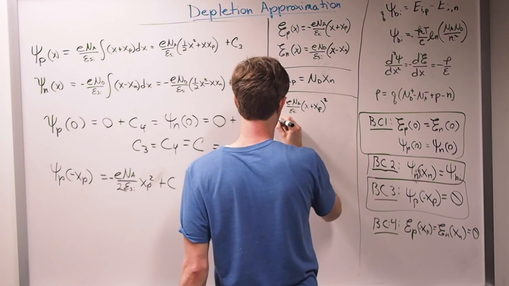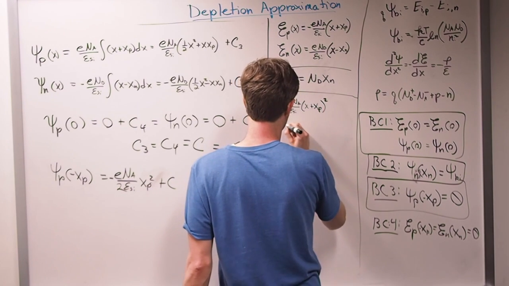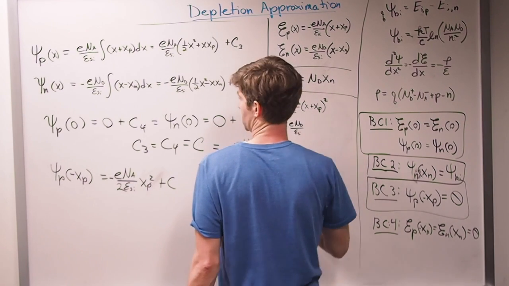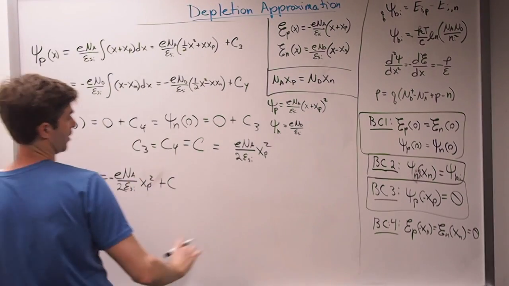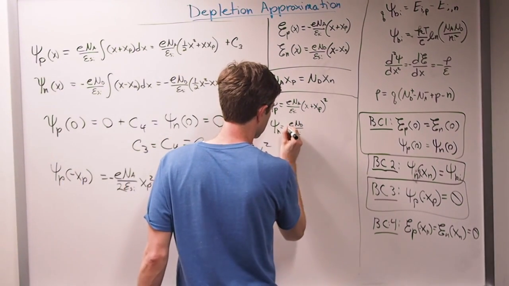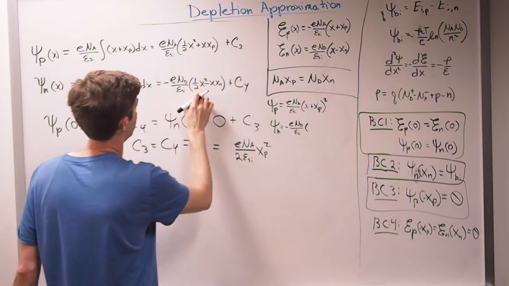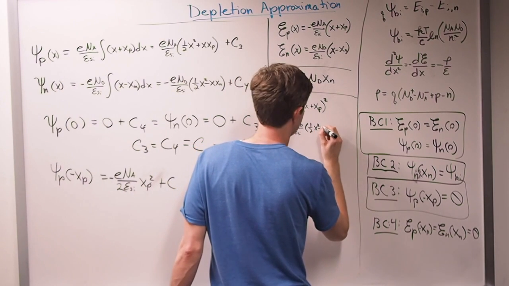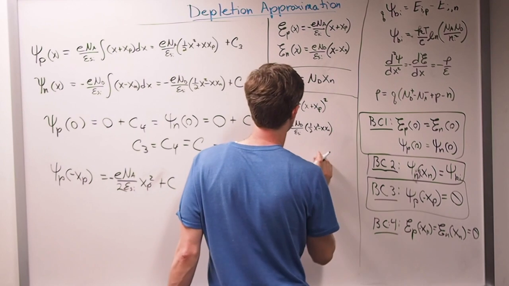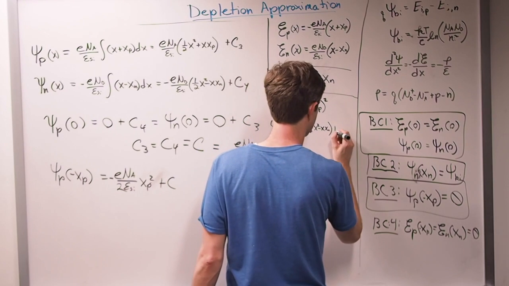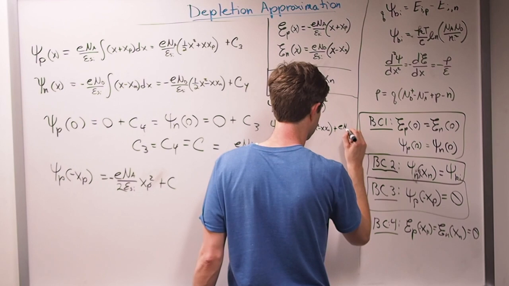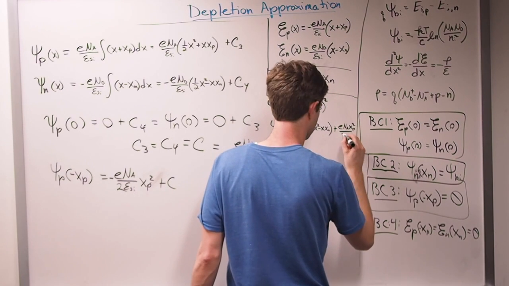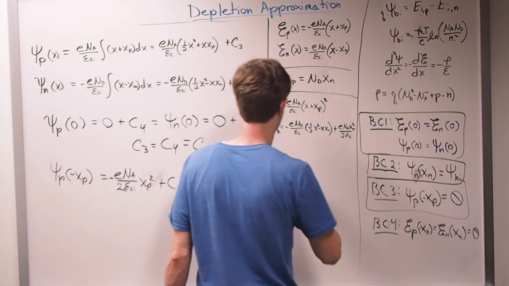And similarly, when I plug in psi sub n, I get END over ESI, negative 1/2 x squared minus x sub n, plus ENA x sub p squared over 2ESI, right?